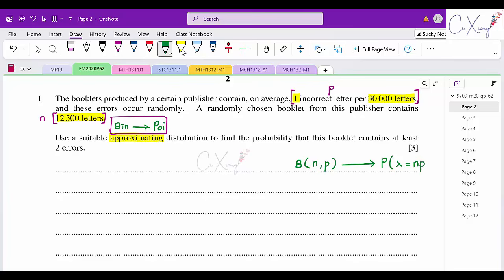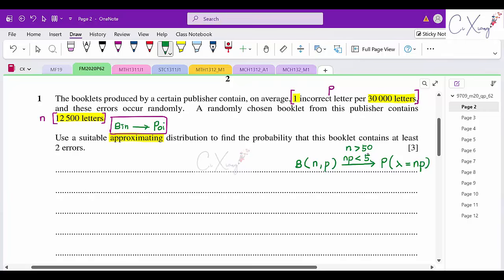So to get lambda, you take n times p, the mean of the binomial distribution. When changing binomial to Poisson, there are some conditions you need to fulfill. By right, n must be greater than 50 and np must be smaller than 5.